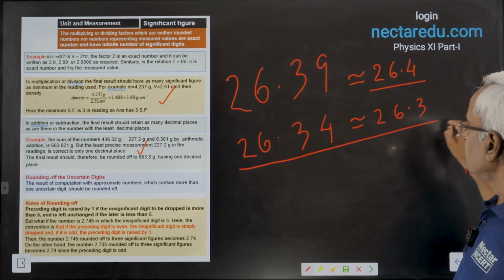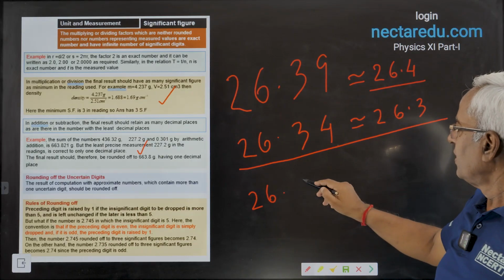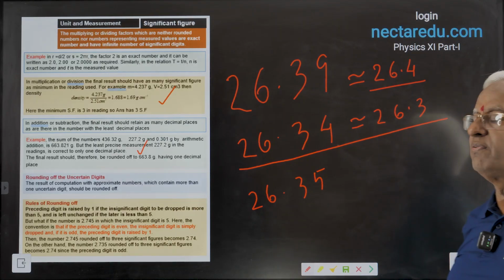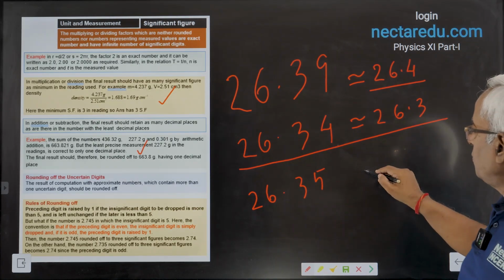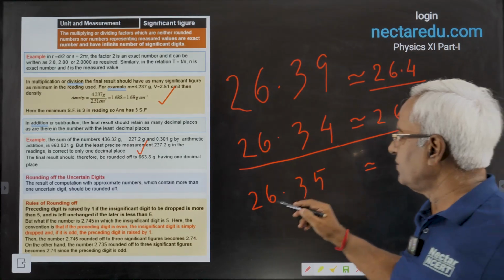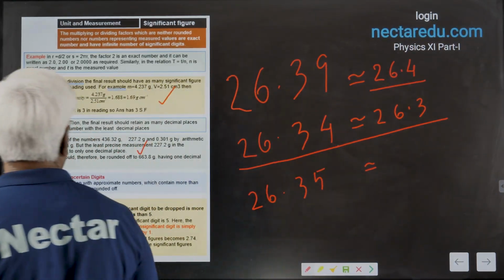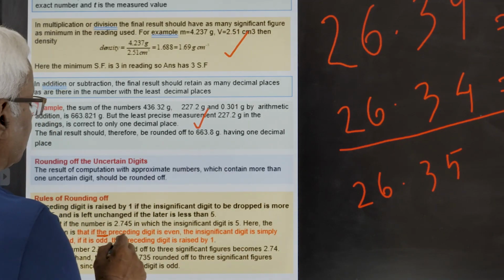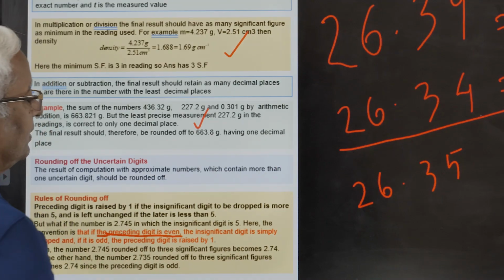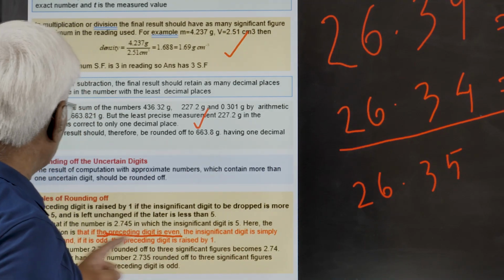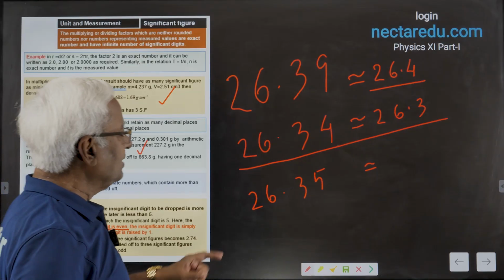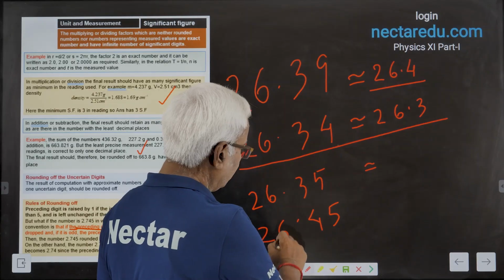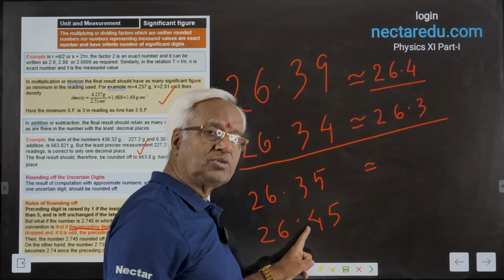But the interesting case is when there is 5 in the last place and you want to remove 5 itself. Then the rule, which I have written here clearly, is that if the digit to be removed is 5 and the preceding digit is even, the insignificant digit is simply dropped. The preceding digit is even, so this is 4 and it's even; focus on the preceding digit.